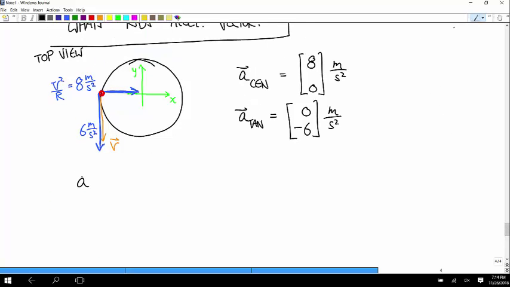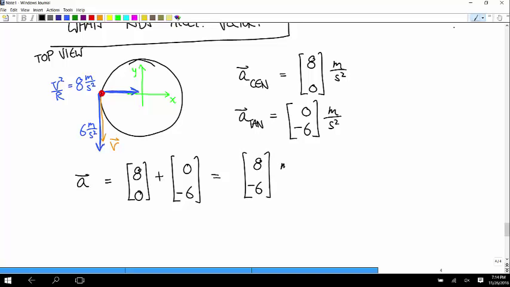The total acceleration then is just the sum of those two pieces. So (8, 0) plus (0, -6), and so (8, -6) meters per second squared.